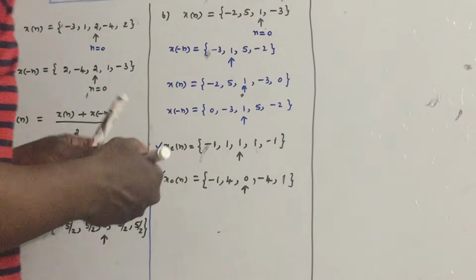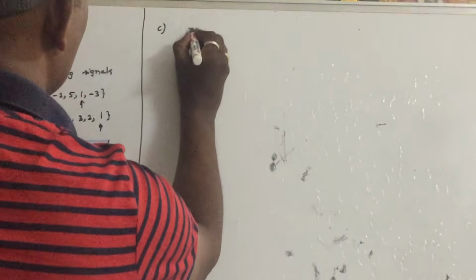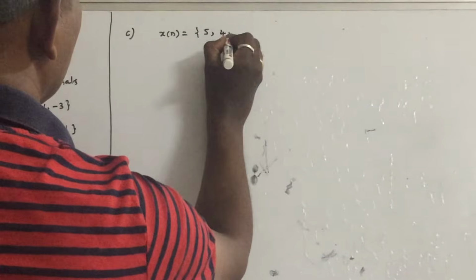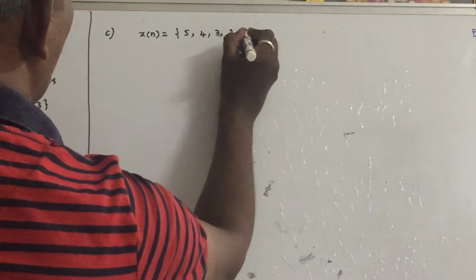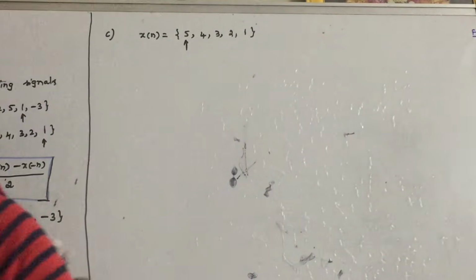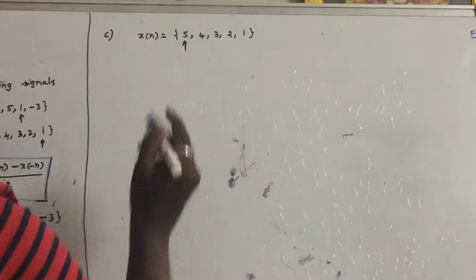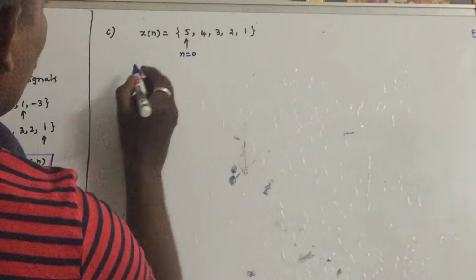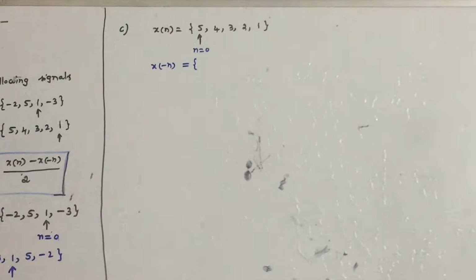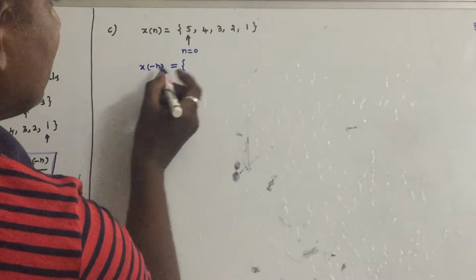So in the similar manner, let us solve the C question and the D question in the same manner. So x of n is equal to 5, 4, 3, 2, 1. The arrow is given here, so keep n is equal to 0 here. First mention the time reversal of x of n, that is x of minus n.